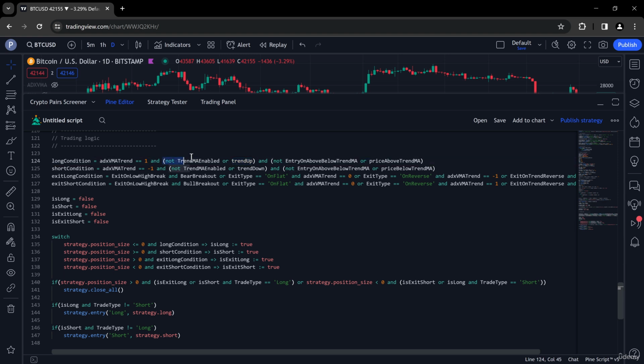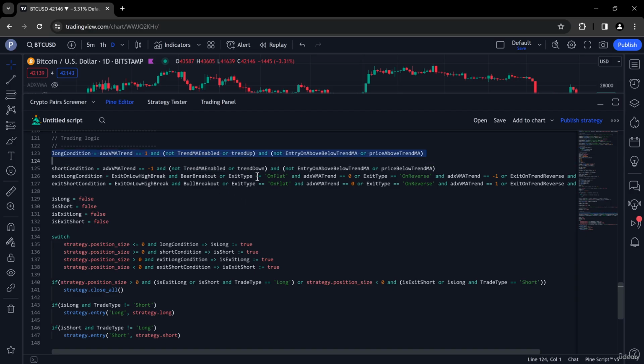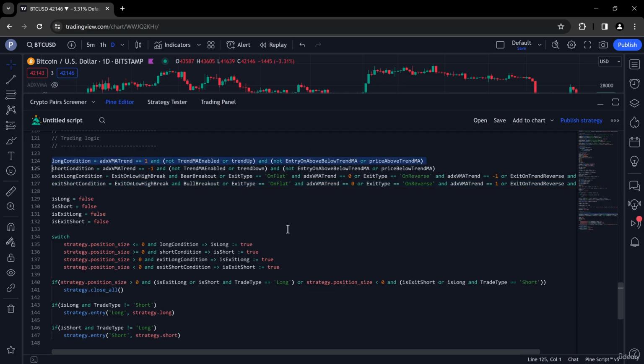So this logic is calculating if trend is up or not, and this section is only going to be considered when trend MA is enabled. So when trend MA is disabled, this section is simply ignored, and this section will be always true. And the same applies for this section.